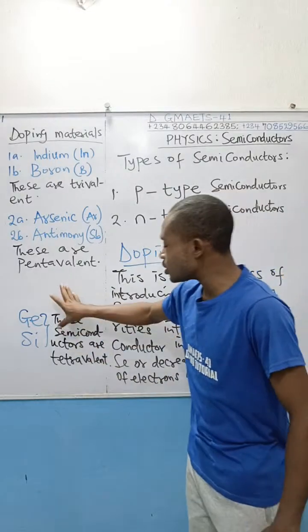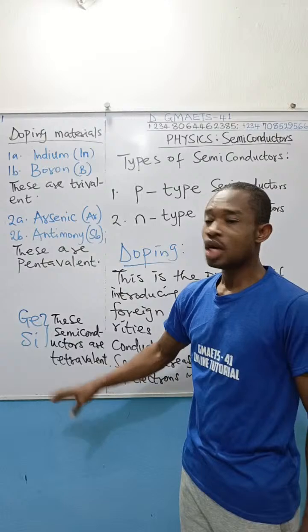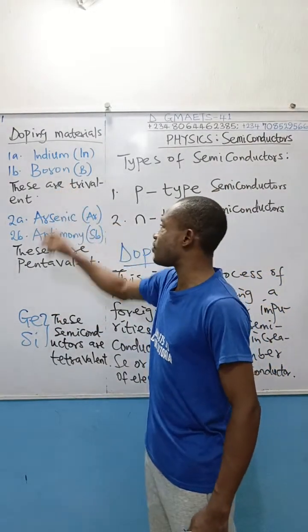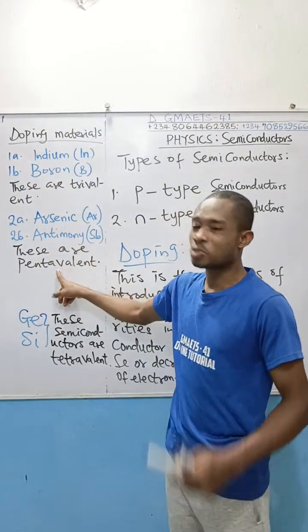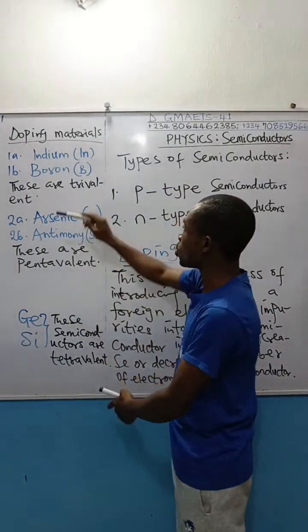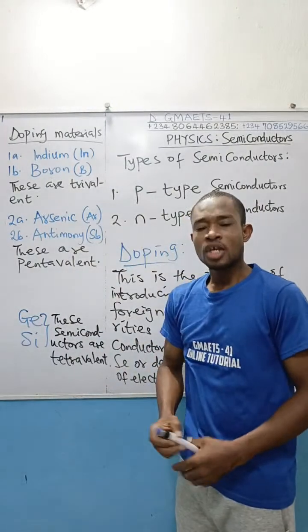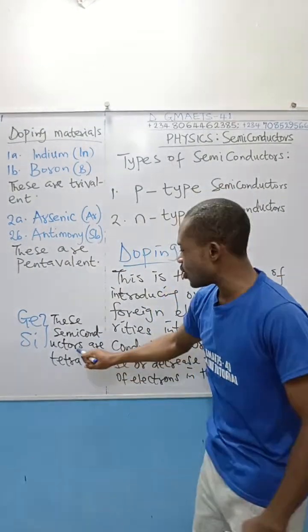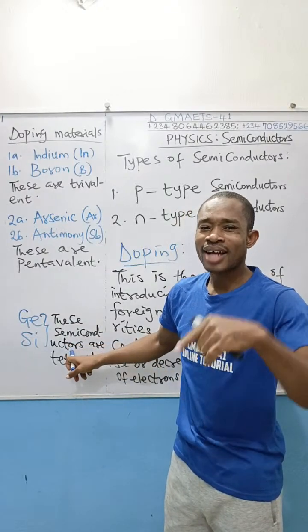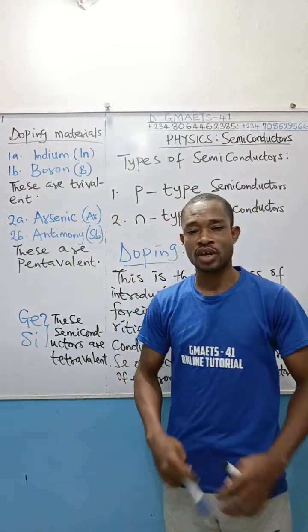Now compare these pure semiconductors with these doping materials that are trivalent and these that are pentavalent. If I compare pure semiconductors with trivalent indium and boron, you will agree with me that the number of electrons in these pure semiconductors is greater than the number of electrons in these trivalent doping materials.